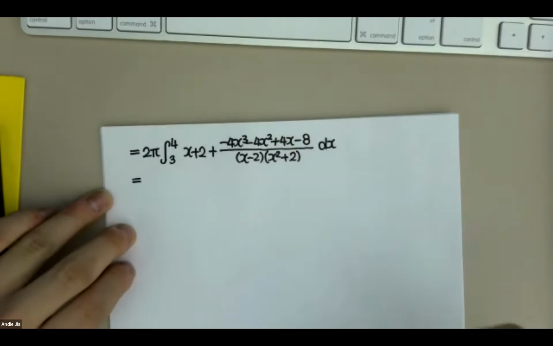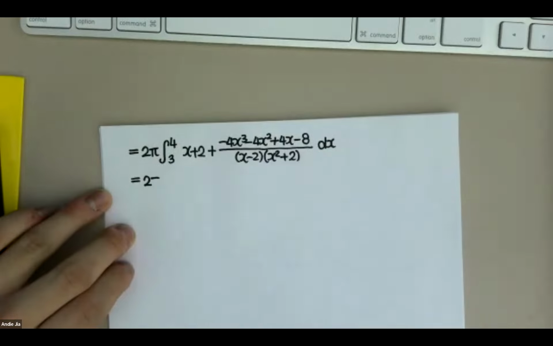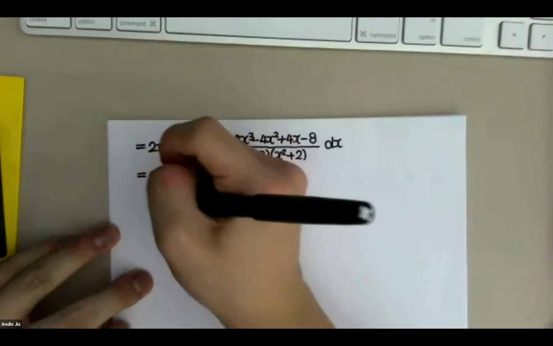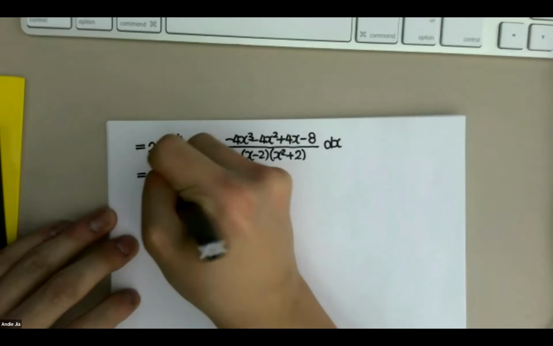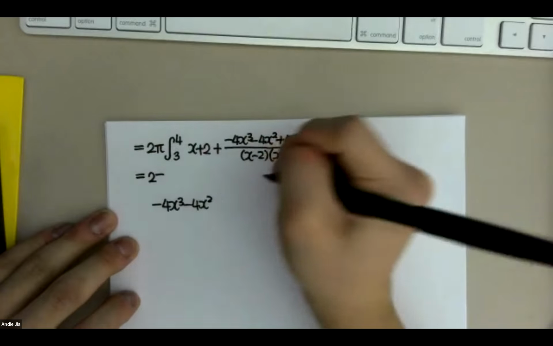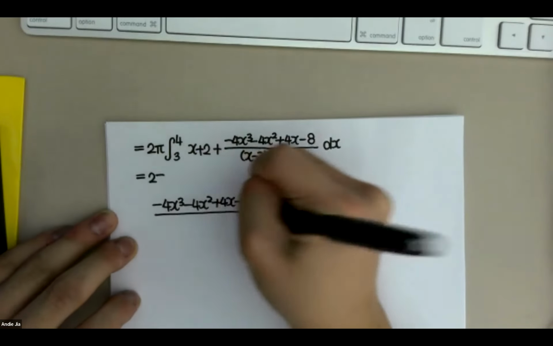Because I need to restart the problem. Okay, let's do PFD. Stop solving the integral. So 4x cubed plus 4x and minus 8.